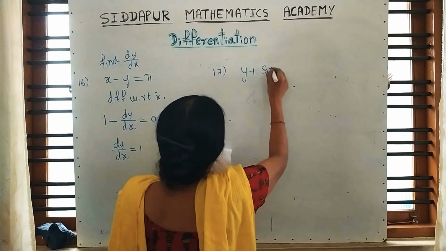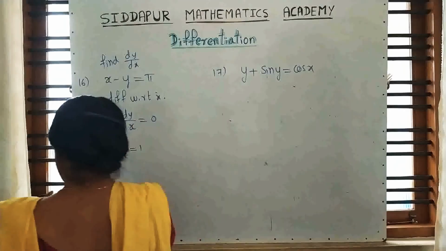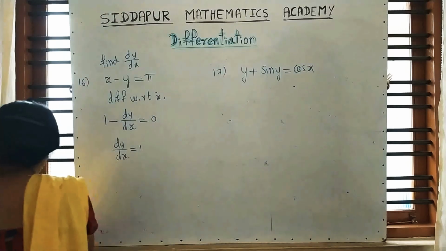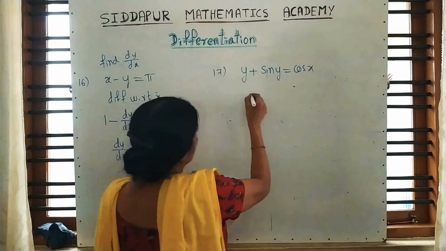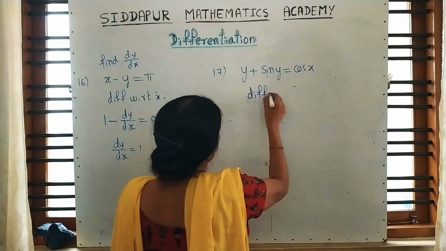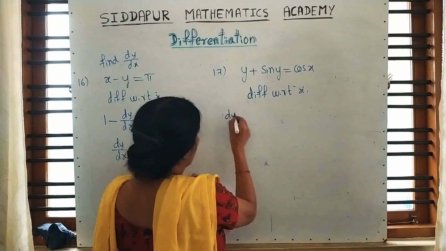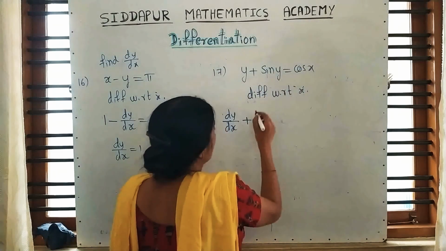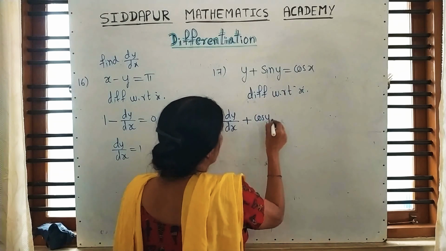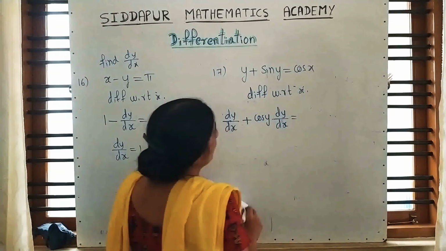Y plus sin y is equal to cos x. This question is also related to an implicit function. So again differentiate with respect to x. Differentiation of y is dy upon dx, plus differentiation of sin y is cos y, and the angle is other than x, so dy upon dx.